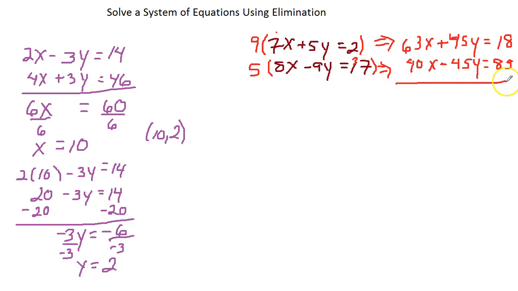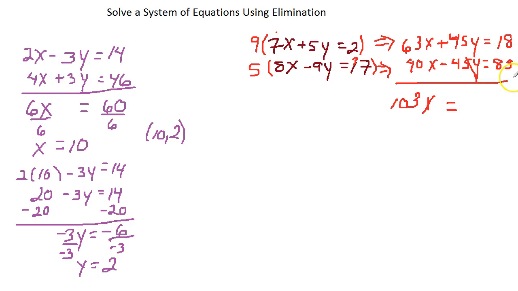Now I can add the two equations together. Not as nice, is it? But it is what it is. All right, let's see. 3 and 0 make 3, 6 and 4, 10. So 103x cancels. We've eliminated the y's. Equals 18 and 5.